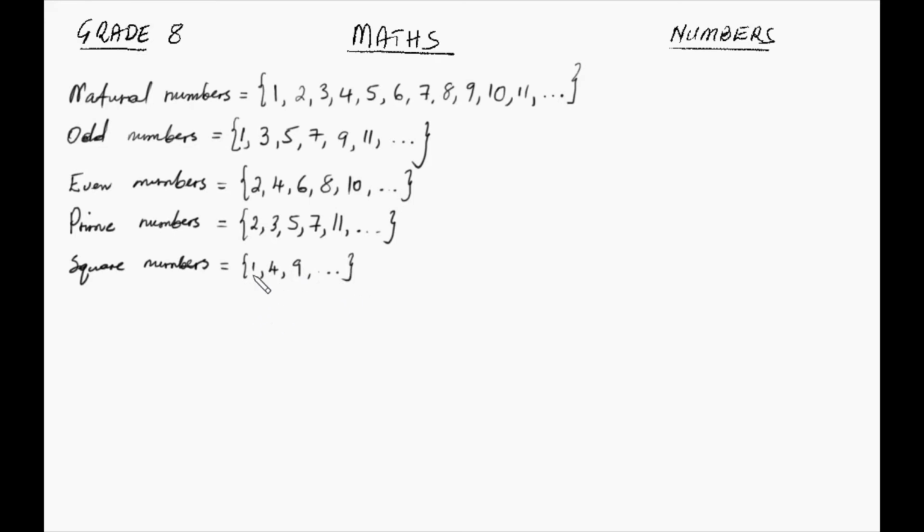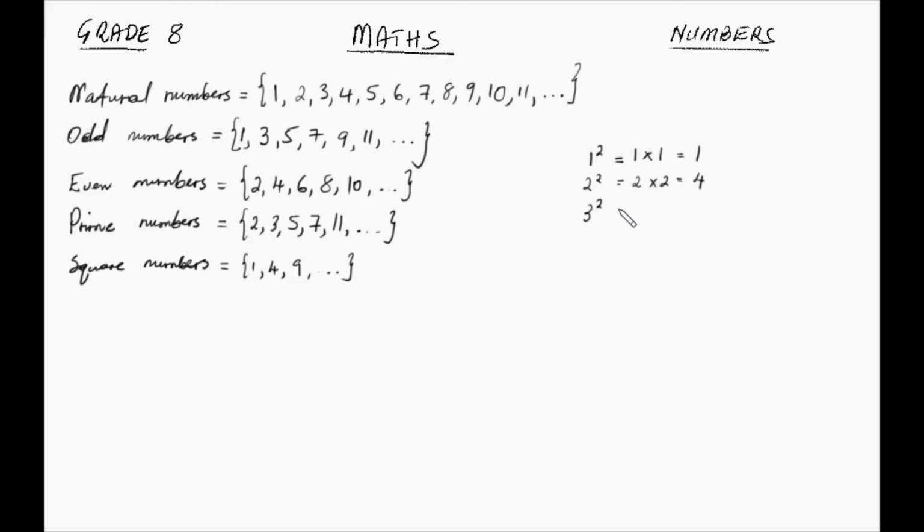So how do you get a square number? You just take a natural number and square it. When we talk of 1 squared, remember it is 1 times 1, so that becomes 1. 2 squared is 2 times 2, which becomes 4.